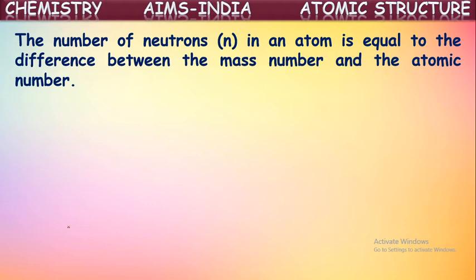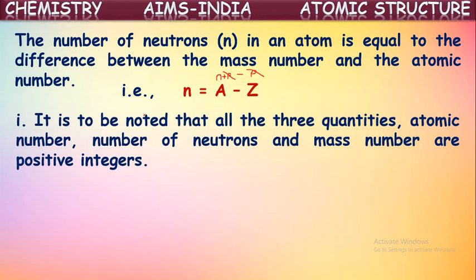It can be written as an equation: number of neutrons n is equal to mass number, that is neutrons plus protons, whereas atomic number represents only the number of protons. So number of protons plus number of neutrons minus number of protons. Finally, what we get? Number of neutrons. So the number of neutrons can be simply calculated by using the formula mass number minus atomic number. Okay.